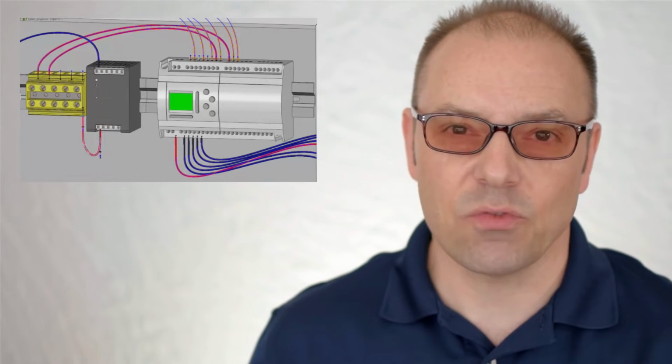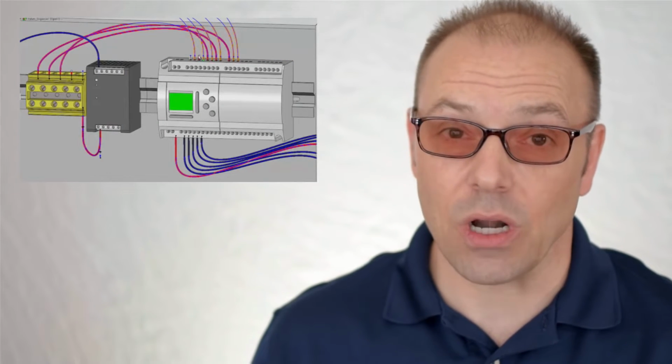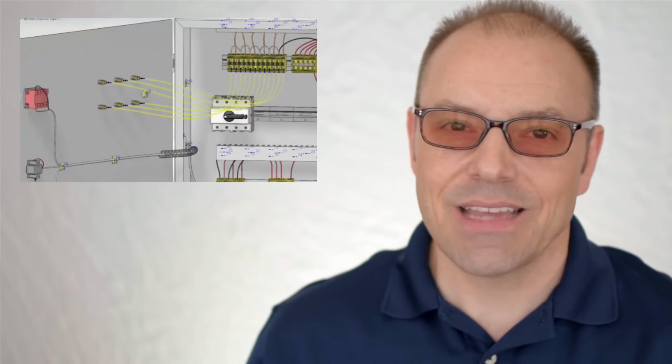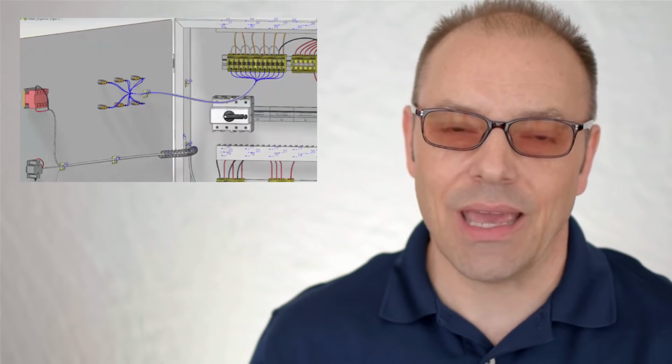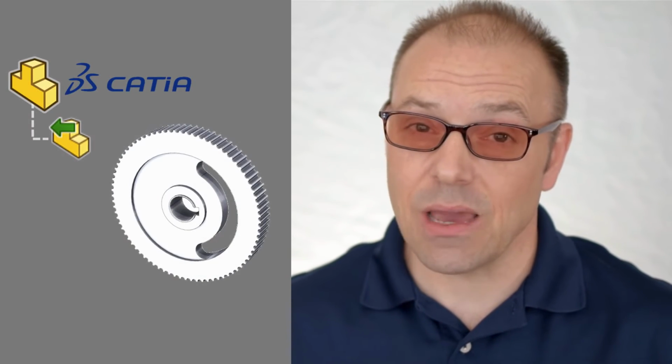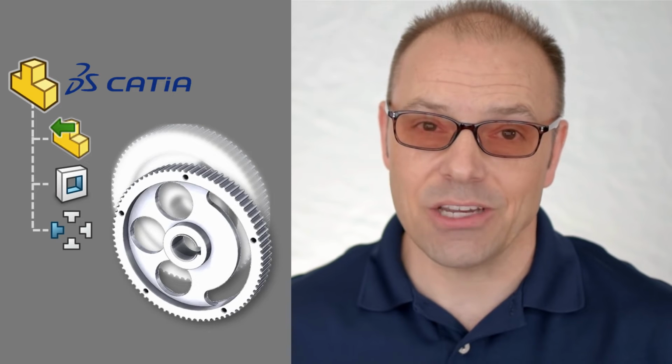SolidWorks Routing provides libraries and intelligent automation for piping, tubing, ductwork, and electrical wiring, tasks that are otherwise time-consuming and error-prone. 3D Interconnect is enhanced in SolidWorks Premium so you can open native CATIA models without requiring an additional translator. That's a quick tour of just a few of the highlights from each package.